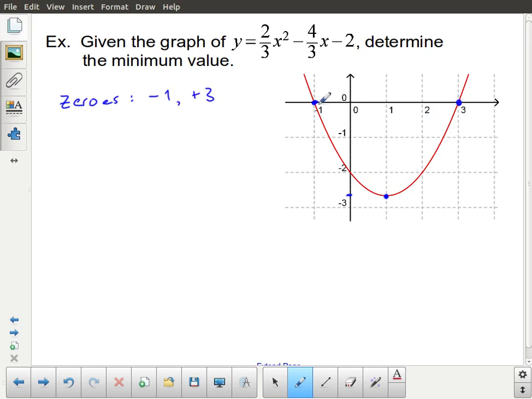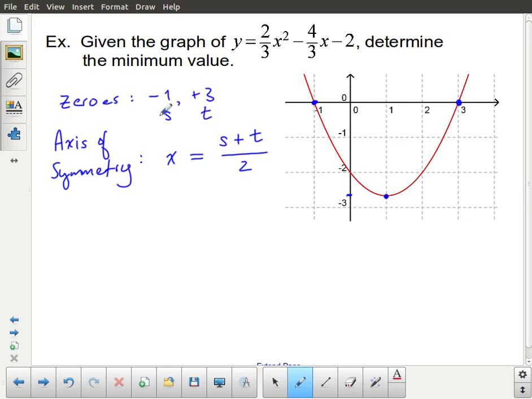Now that means that my axis of symmetry is going to be halfway between those zeros. So it's going to be the line having equation x equals, and if you don't remember this, it's going to be x equals (s plus t) divided by 2, where s and t are the zeros of this parabola.